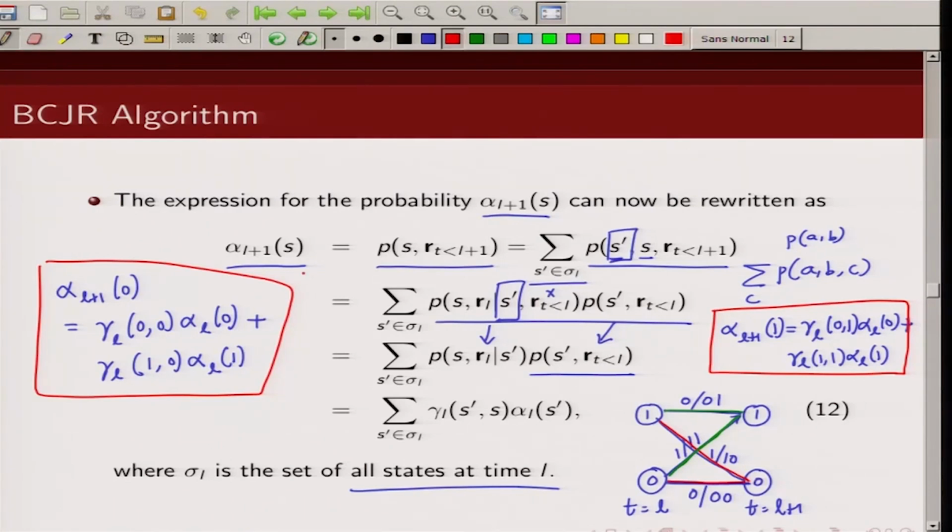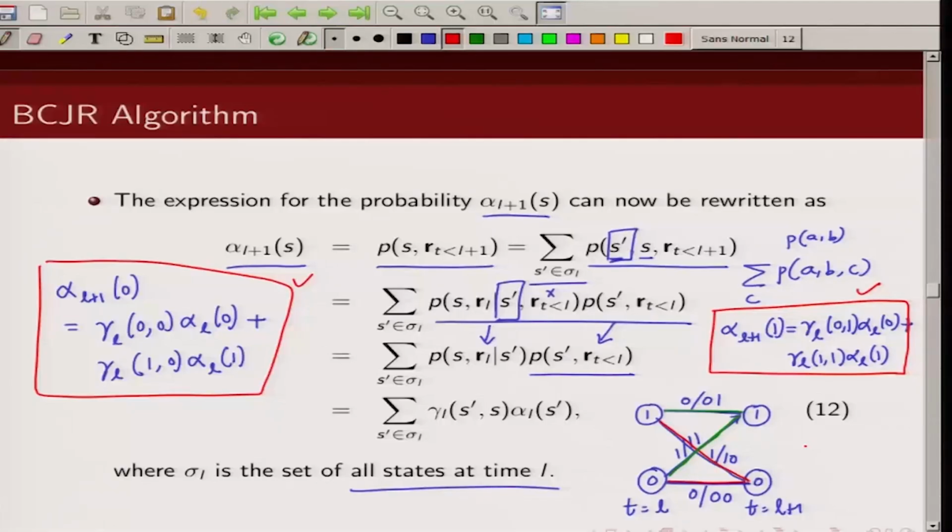These two are my alpha values, this one and this. So, you can see I can recursively compute alpha at time L plus 1 from alpha at time L and branch matrix gamma. Now, to do this recursion, we need to know what is the initial condition.